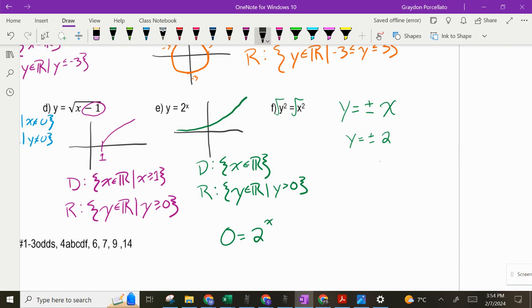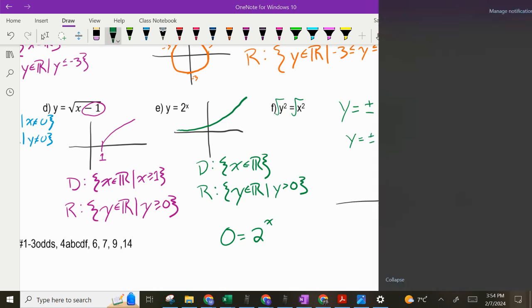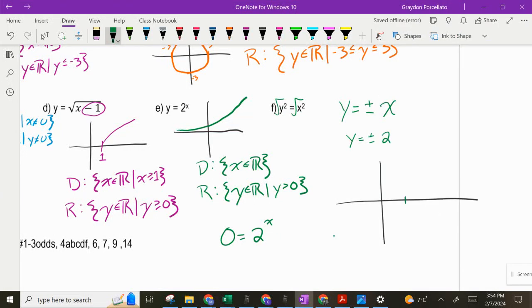What does that look like? So I said when x is 2, y is either plus or minus the square root of 2. So when x is 1, y would be either plus or minus 1. When x is 3, y would be plus or minus the square root of 3. So this actually looks something like this.